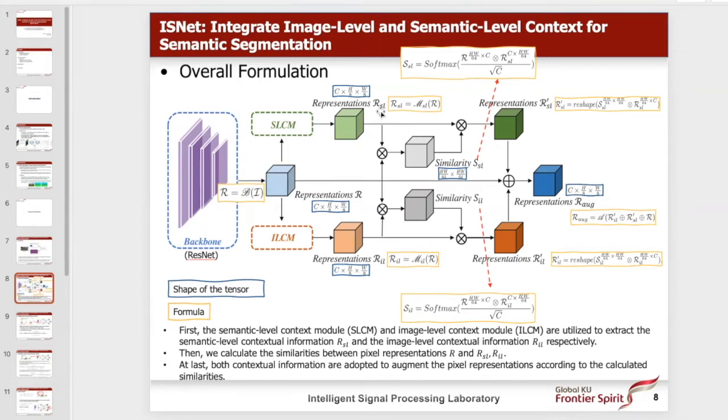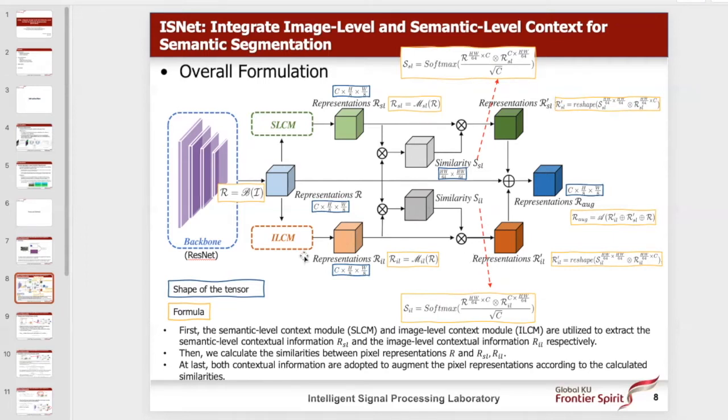The RSL has been encoded with the semantic level information, and then we will calculate the similarities SSL between the representation R and RSL. Then we will use the similarities to encode the RSL and get the representation R prime SL.